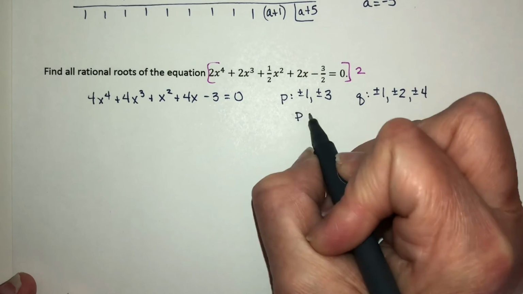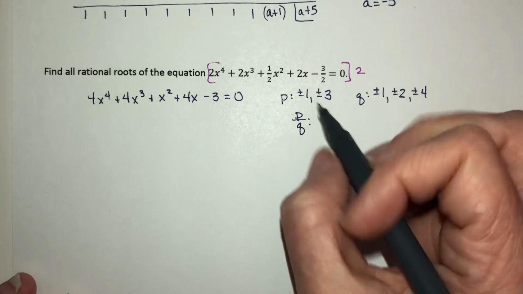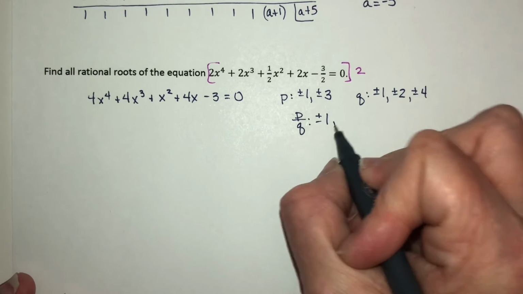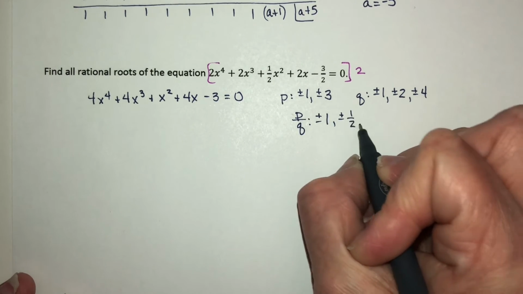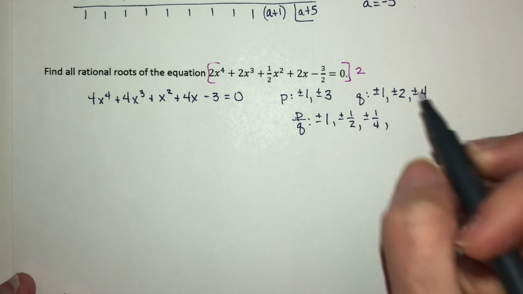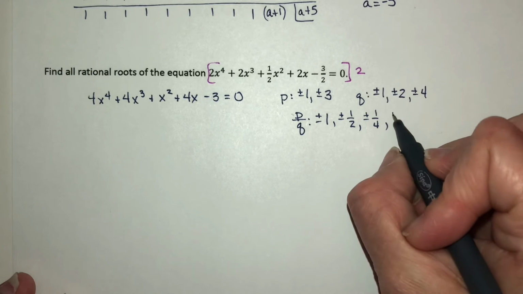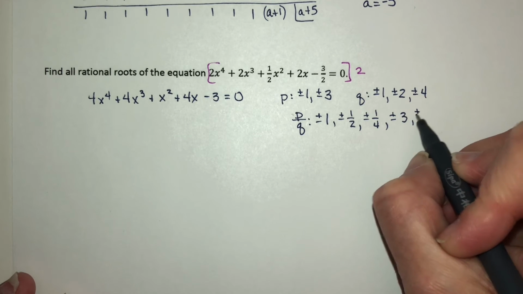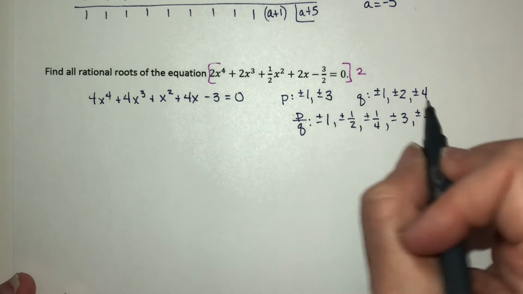So my p over q values: 1 over 1, 1 over 2, 1 over 4, 3 over 1, 3 over 2, and then 3 over 4.